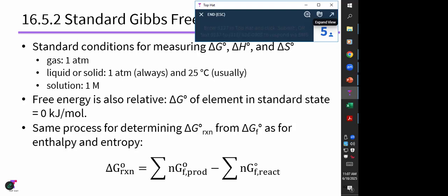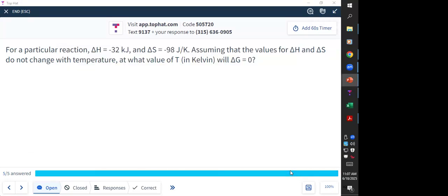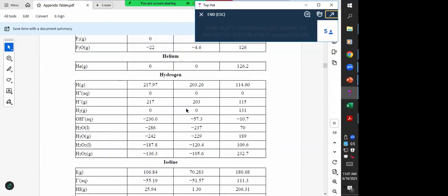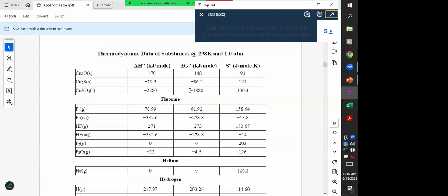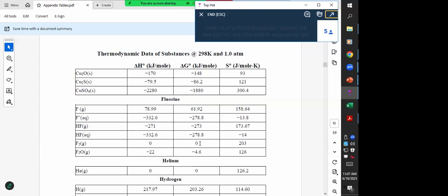And like we saw with the delta H calculation that we did a couple of slides ago, we can do the same kind of calculation using delta G, using thermodynamic tables like what we saw before. In the table that we've been giving you, delta G is the middle column.